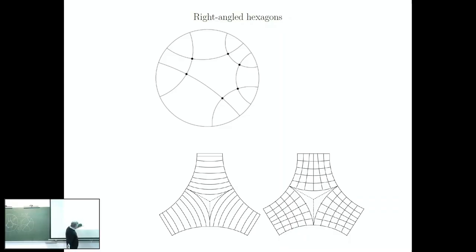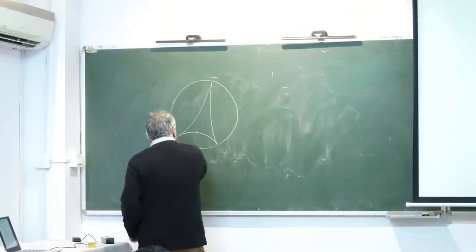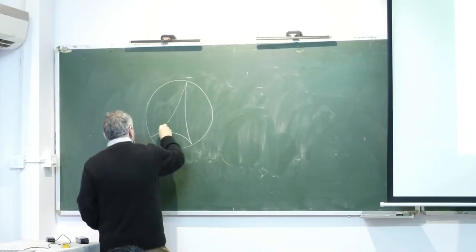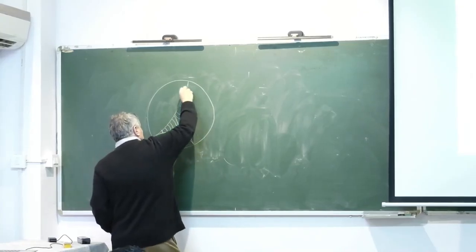You remember we talked about best Lipschitz maps between ideal triangles. This is the basis: Lipschitz maps from the ideal triangle to itself, and we said that we have this.